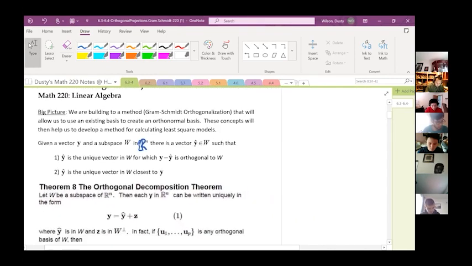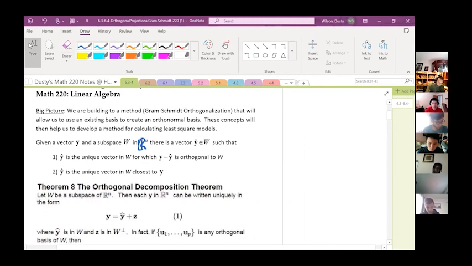We've drawn this picture a couple of times, but let's draw it again. So imagine that you have some subspace, maybe we'll use a line today. So this is our subspace W. And then we have some vector that's not on W. We'll call it Y. So then this vector here would be our Y hat.